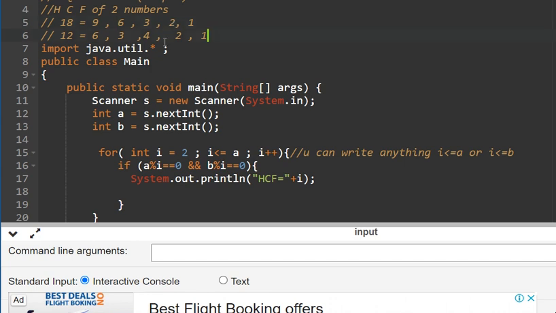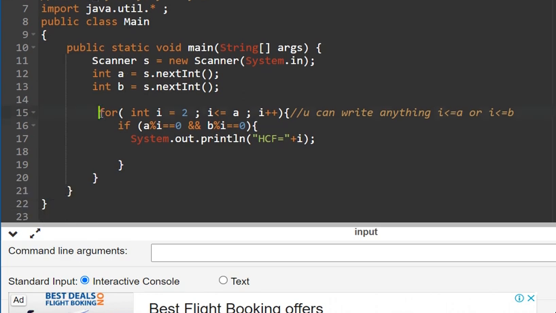Okay, so let's see. Here we can see 1 is common, 2 is common, 3 is common, 6 is common, but the highest common is 6. So our answer will be 6.